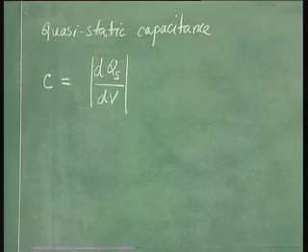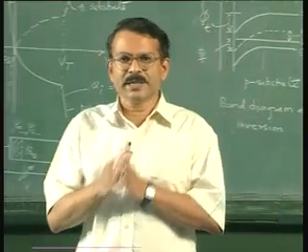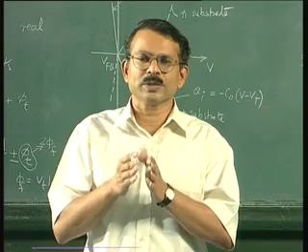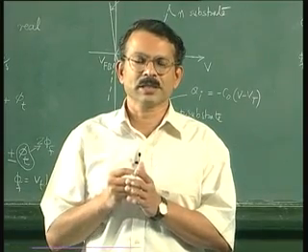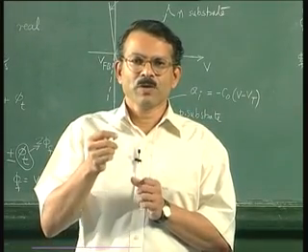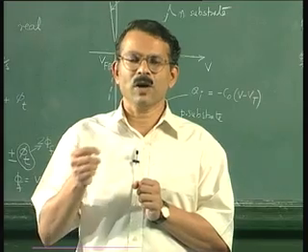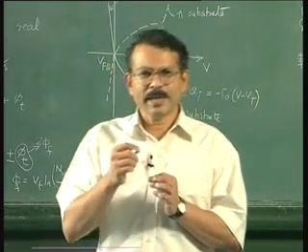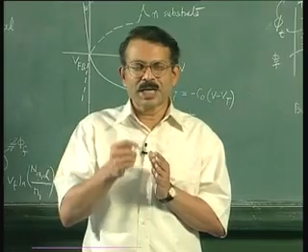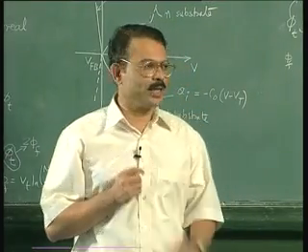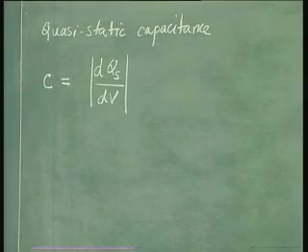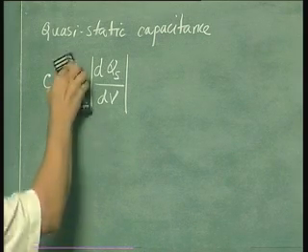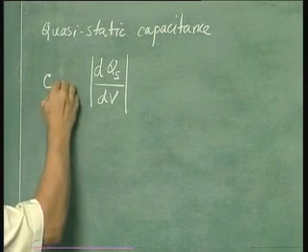So when you obtain a capacitance by differentiating DC conditions, it is said to be a quasi-static capacitance, or it is equivalent to saying it is a low frequency capacitance. You are changing the voltage very slowly so that almost steady state always remains, and then you are deriving the capacitance from the changes in the charge because of changes in the voltage. So this is also the low frequency capacitance. So we will indicate this by putting a suffix LF.